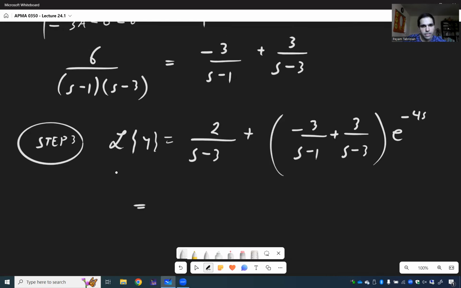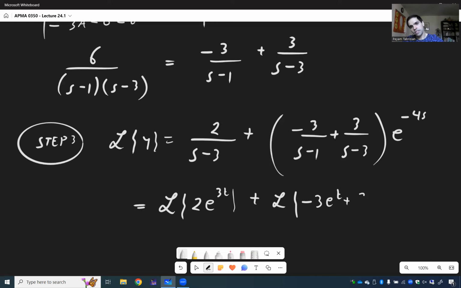Now let's write everything in terms of Laplace transforms. So let's L of 2e to the 3t, and then plus L of minus 3e to the t plus 3e to the 3t, and then e to the minus 4s.